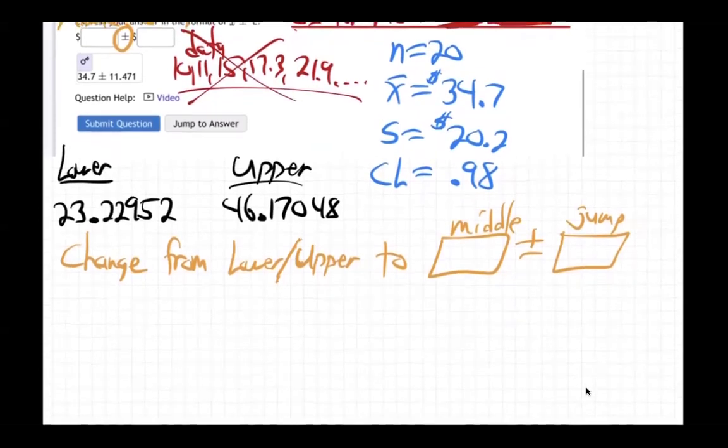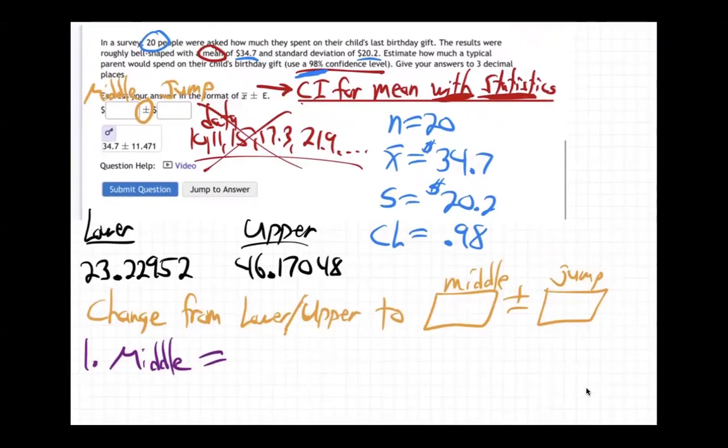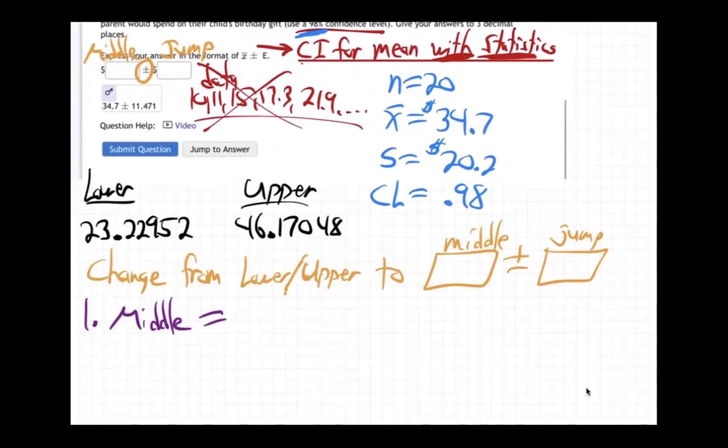How do we do that? Well, you can look back in the notes and see the steps, but here they are. Step number 1, you've got to find the number in the middle. In other words, we're saying that parents spend between $23 and $46 on their kid's birthday. We're 98% confident that the real average amount people spend on their kid's birthday is somewhere between $23 and $46. So we've got to find the middle of those two numbers. How do you find the middle of two numbers?